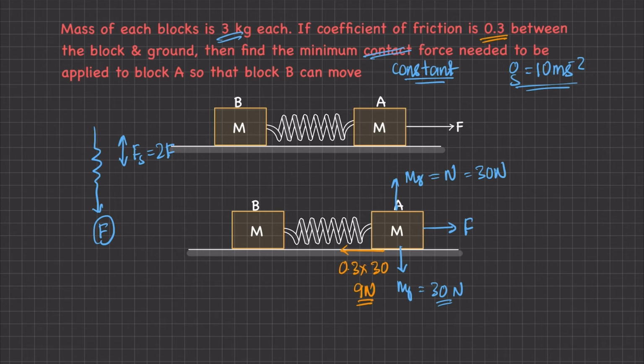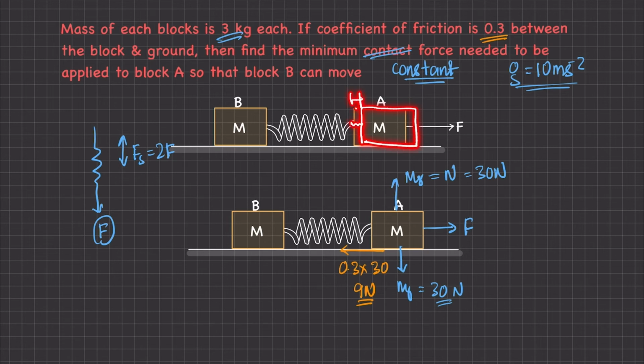Now see, let's analyze what will happen in the system. If we apply some force on this mass, then this mass will move towards right. Now think, if there is no friction, then this mass will try to move towards right. Now as the mass shifts even a little bit, there will be some extension in the spring.